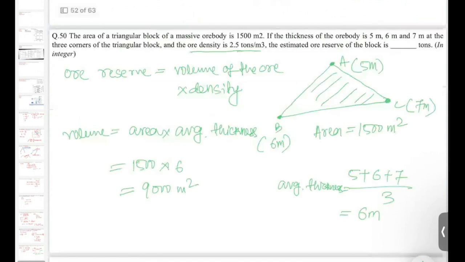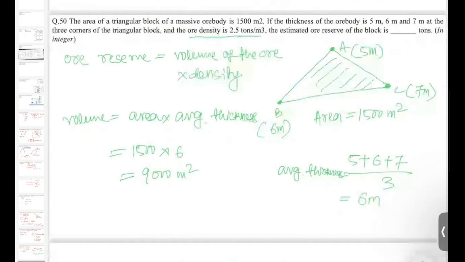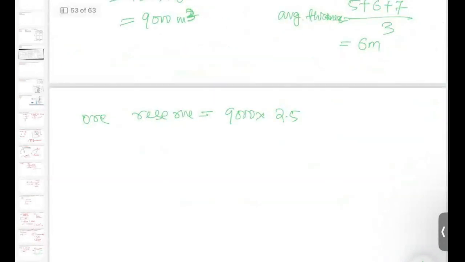Just one thing you need to see here: the density is given as tons per cubic meter, and the volume is also in cubic meters, so they will cancel and the net answer will be in the unit of tons. So you just multiply 9000 into 2.5.